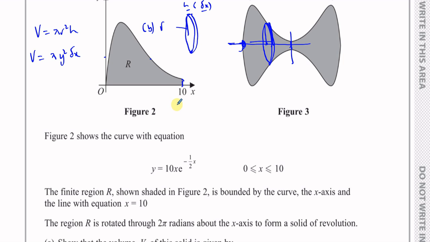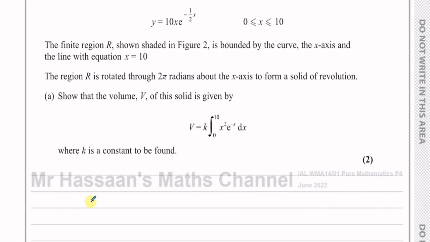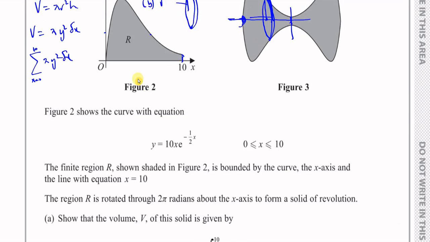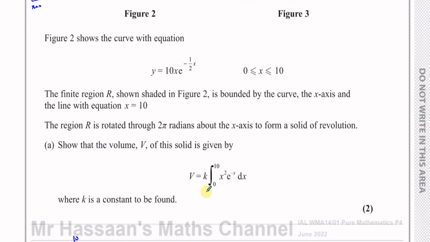If we add together all those cylinders, we find the sum of the cylinders from x equals 0 to x equals 10 of pi y squared dx, which is what we get when we integrate pi y squared dx between 0 and 10. This will give you the volume of that shaded region when it is rotated around the x-axis by 1 revolution, which is 2 pi.